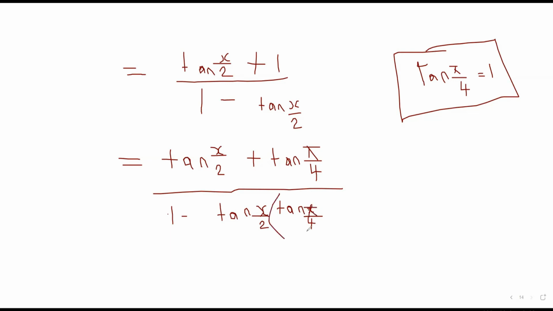Because tan pi by 4 is 1, I can multiply 1 times tan x over 2 and it won't change the value. Then this will allow me to say that this is the tan of A. See here, it's tan A plus tan B over 1 minus tan A tan B, which is the tan of x over 2 plus pi by 4.